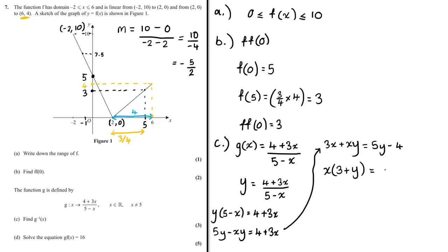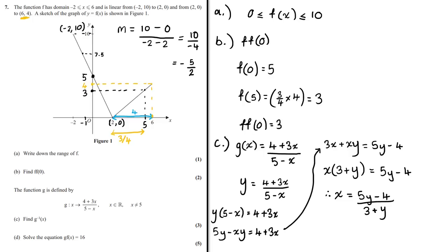And this is still equal to the right-hand side, 5y minus 4. Then finally, if we divide through by 3 plus y, we get x on its own, and we've made x the subject. So x is equal to 5y minus 4 over 3 plus y.